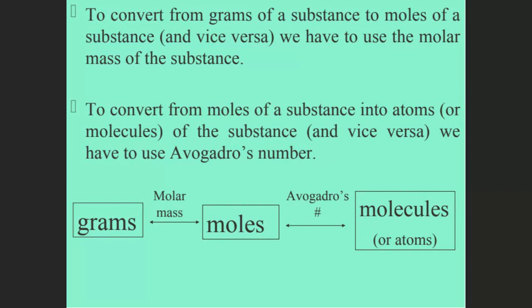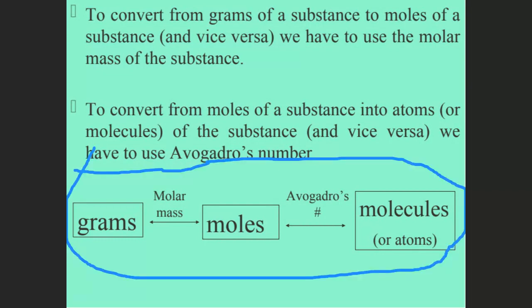So yes, in this chapter we will see this kind of conversion: mole to gram and mole to molecules or atoms. When we need to convert any amount of moles of any molecules or atoms, we need to use the molar mass.